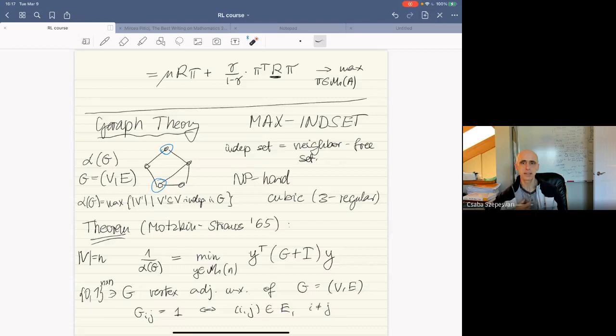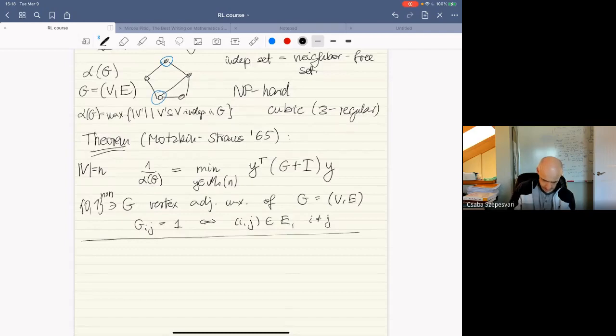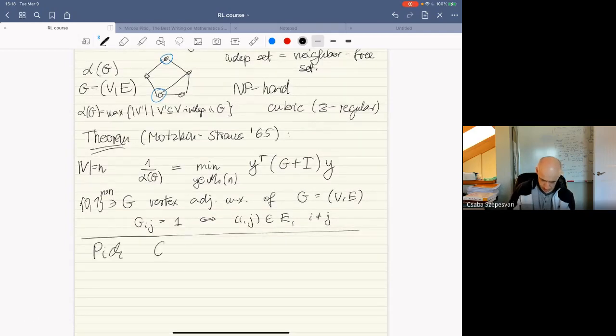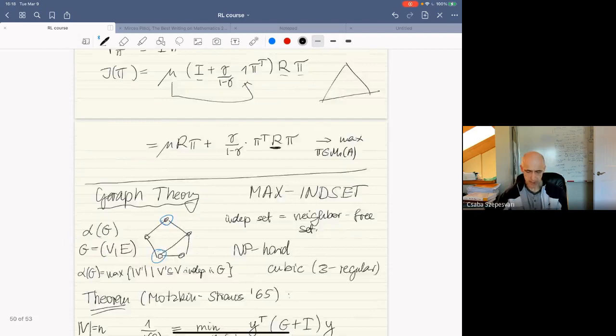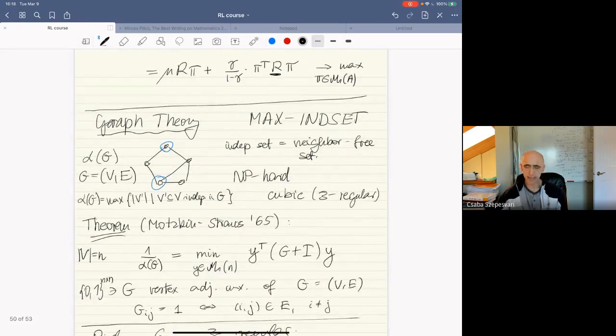And the way we do this is that we are encoding any such 3-regular graph into an MDP. So pick this G, which is 3-regular, and we want to use our policy search method to find the maximum independent set.